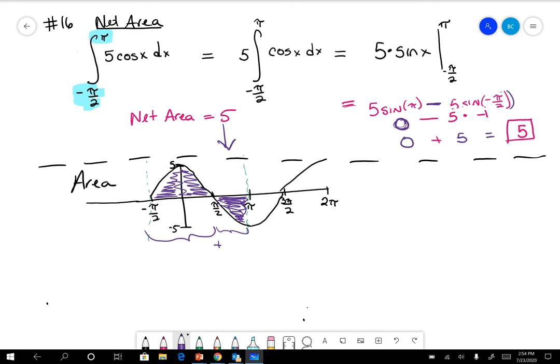Okay, so this would give me the area of this first section from negative pi over 2 to pi over 2, plus the area of the second one, which would be pi over 2 to pi.